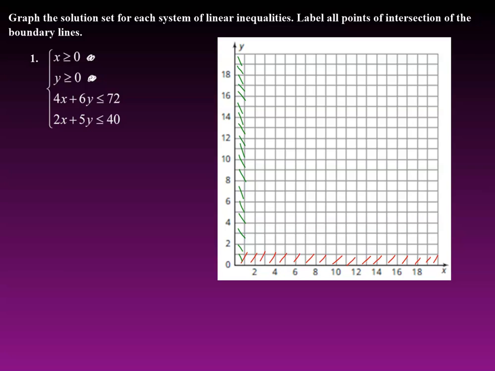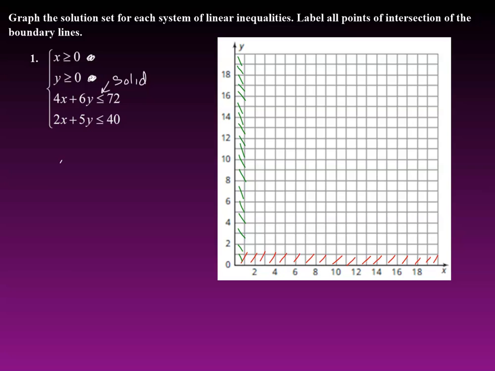Alright, so the next one here, 4x plus 6y is less than or equal to 72. First of all, it's equal to, so it's solid. And you'll notice that all of the linear programming lines are solid.